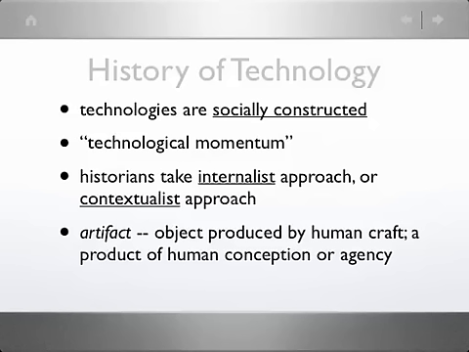And so there are particular ways in which artifacts can be understood. You maybe have heard the term or the usage of the word artifact in terms of historical artifacts. That is one way in which the term is used on a regular basis.